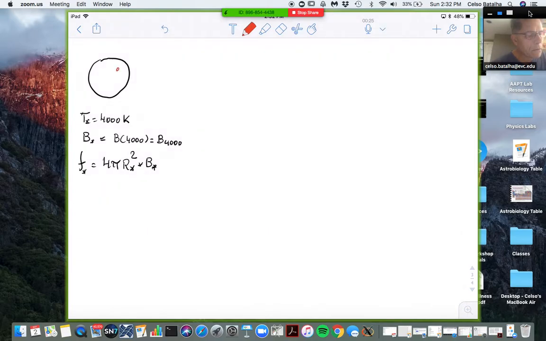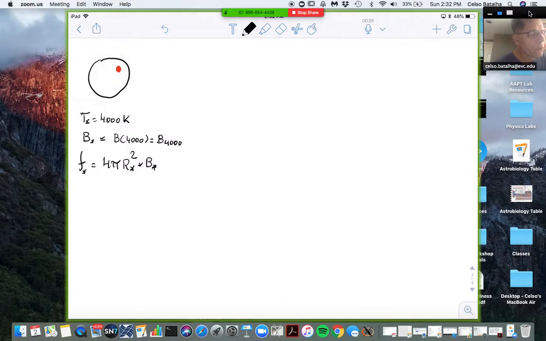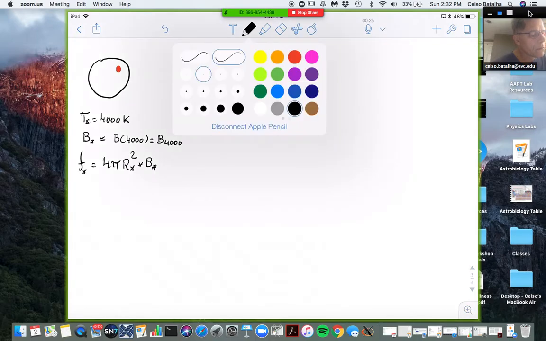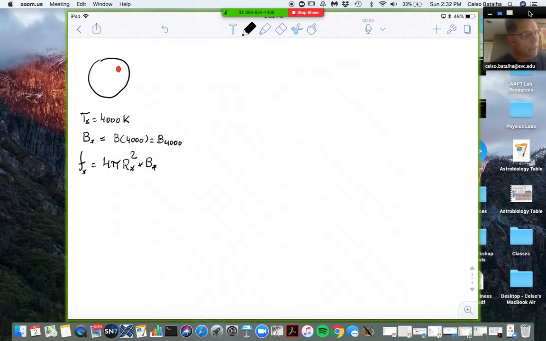But if in addition we add a spot, and this spot has, let's say, a temperature, I'm making up, 10,000 Kelvin.